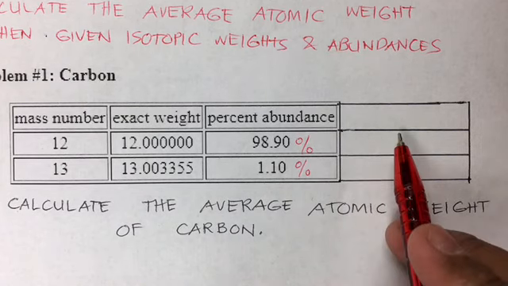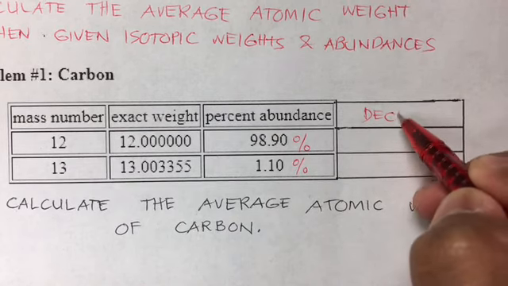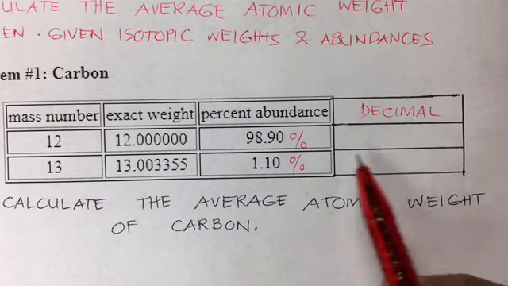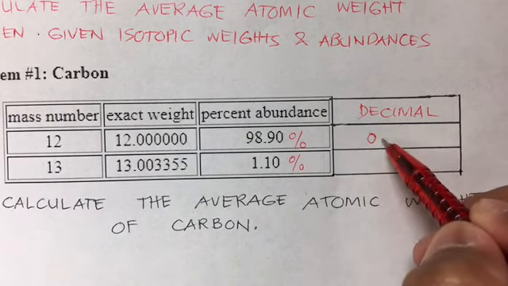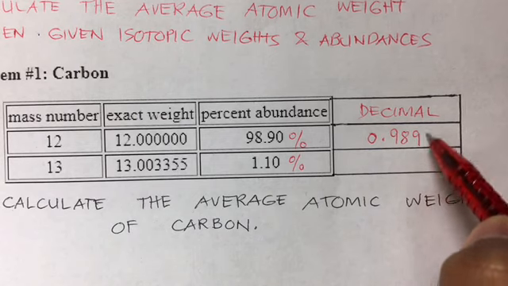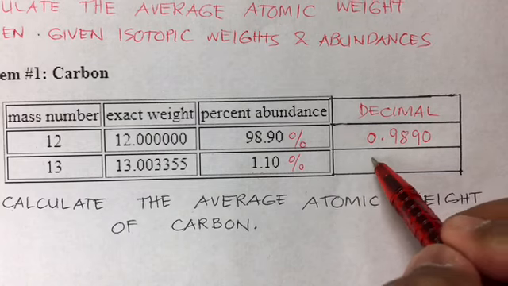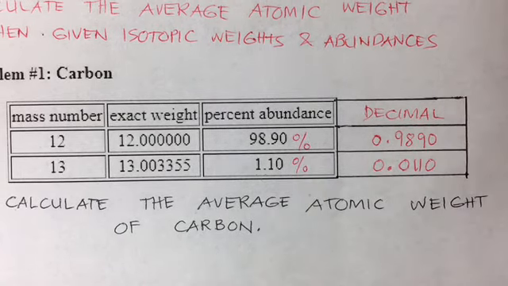So we can add another column here to the right and we can express the percent in decimal by dividing it by 100. When we divide 98.90 by 100, that's going to become 0.9890. And when we divide 1.10 by 100, that's going to be 0.0110. So now we are already able to express the percent in decimal, and we're ready to calculate.